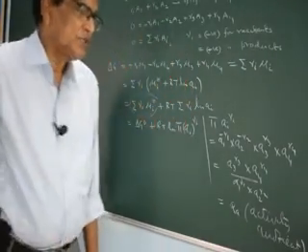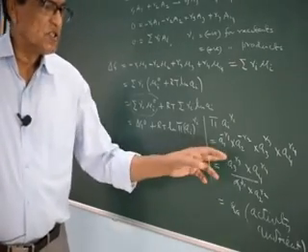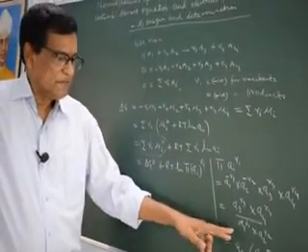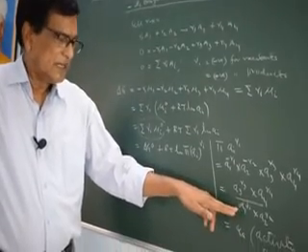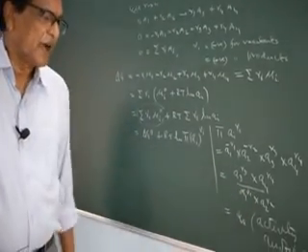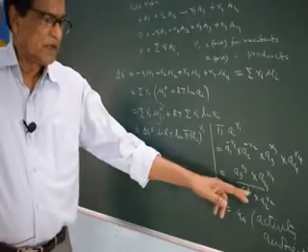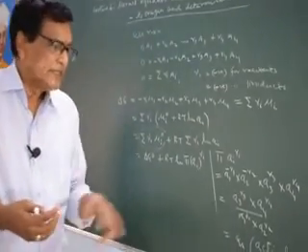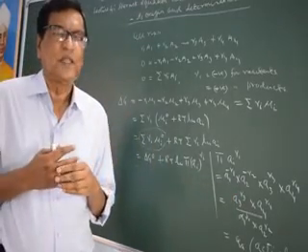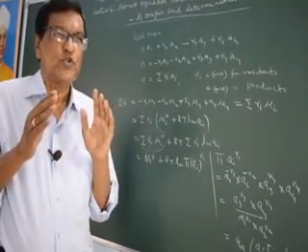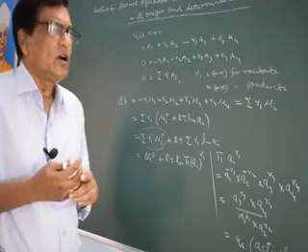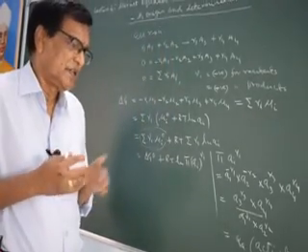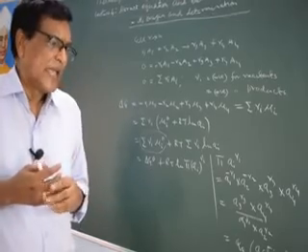This activity quotient is the ratio of the activities of the products, with the coefficients going to the power, divided by the activities of the reactants, again with the coefficient as the power of each activity. These are arbitrarily chosen activities of these reacting components in a cell reaction.